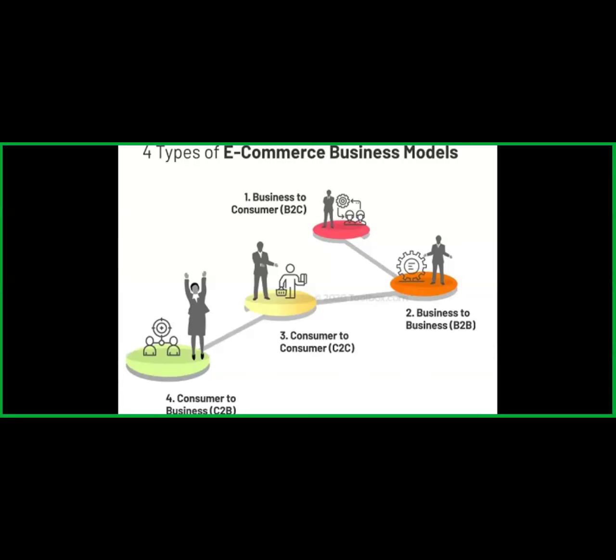Now, these platforms, what you can do from these platforms, you can sell your household items or whatever items you are having to another consumer. For example, I am having, say, a recliner chair, but I have realized that I'm not using that recliner chair.